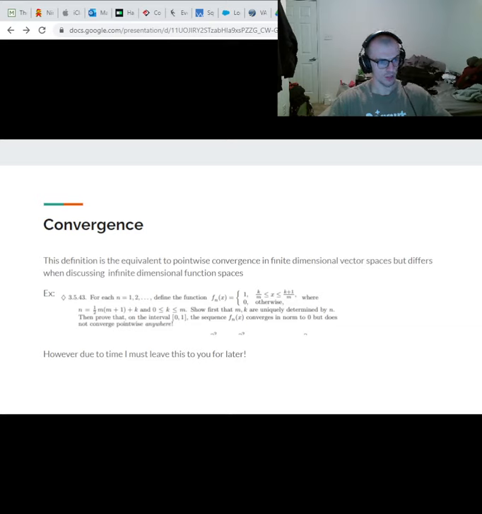We can show that pointwise does not work for a function like the one in this example, and our definition of convergence that we just defined will. However, due to time and me not wanting to present any false information in case I was wrong, I will leave that as an exercise for the reader.